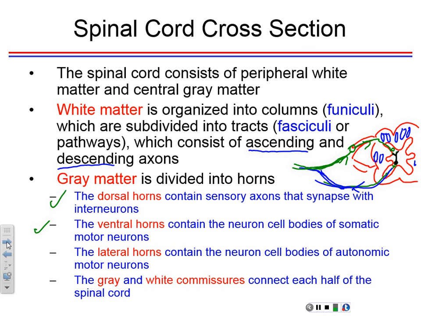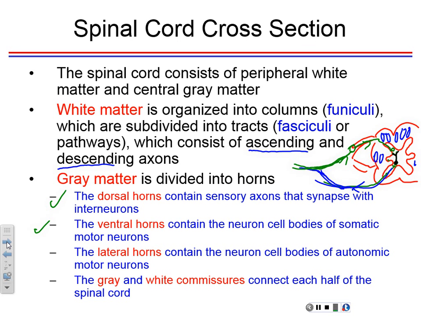Then there will be these lateral horns. You see these lateral horns on the side? All that is gray matter, right? We're talking cell bodies here, so it's gray matter. So these ones, they are almost next to this motor side as well, and they will carry neuron cell bodies of the autonomic motor neurons, okay?